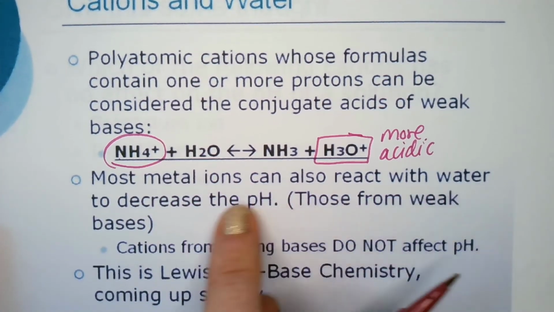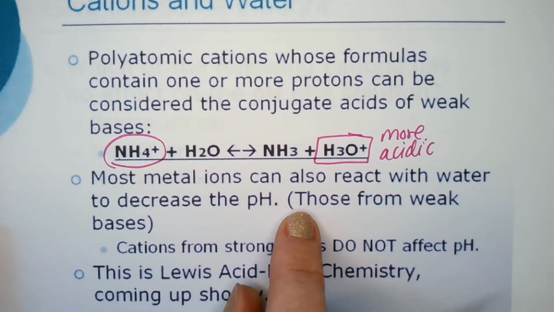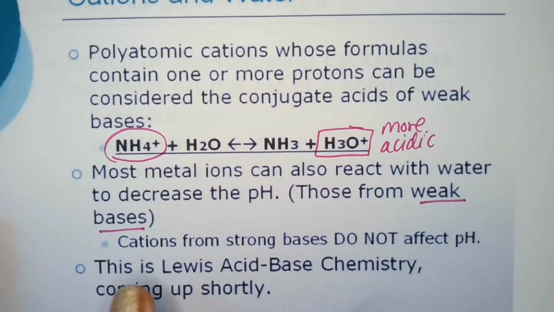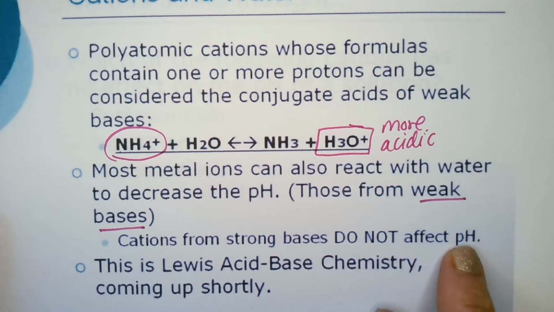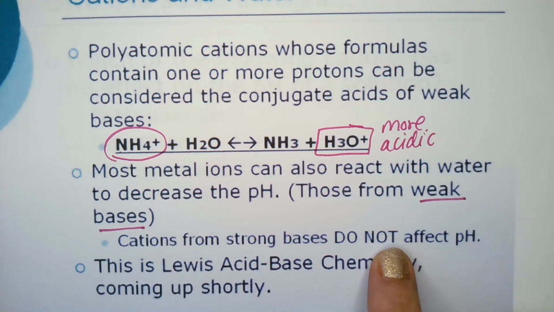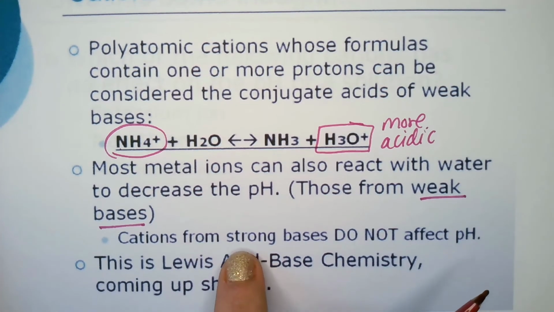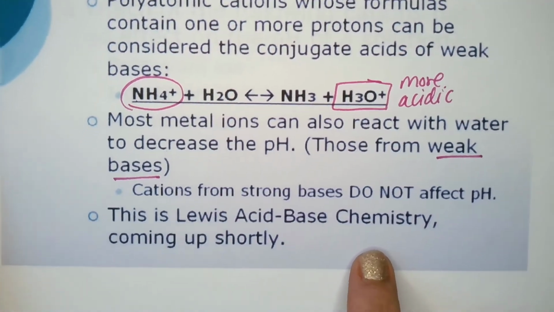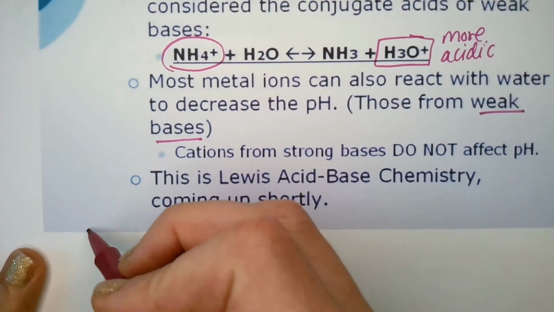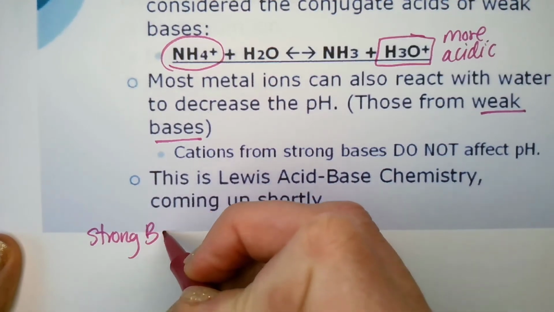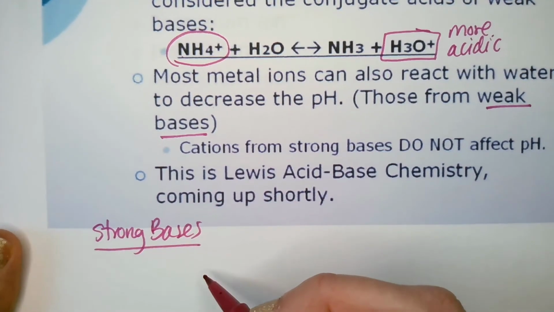Most metal ions can also react with water to decrease the pH if it's from a weak base. Cations from strong bases do not affect the pH. Similar to the last slide when we talked about the 7 strong acids, how it didn't affect. Now, if it's a strong base, it does not affect the pH. So let's remember what our strong bases are.